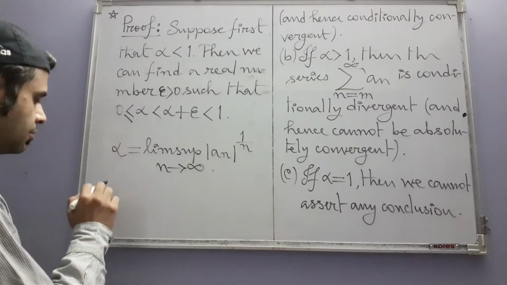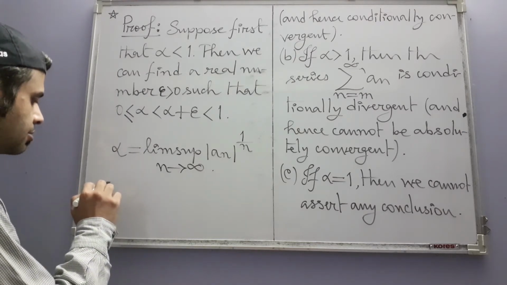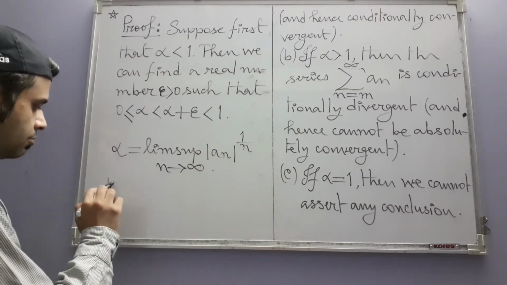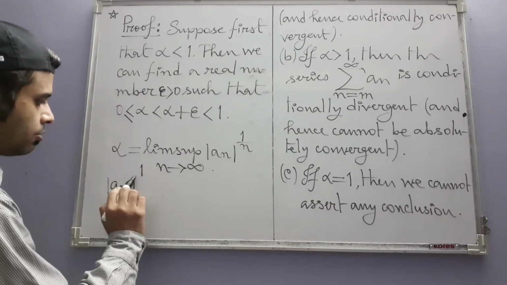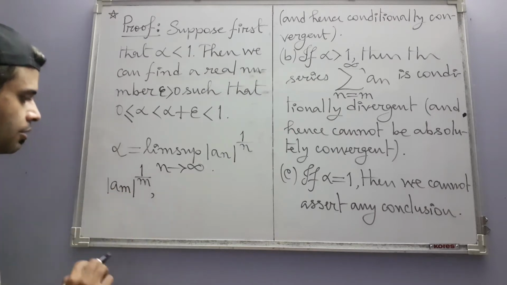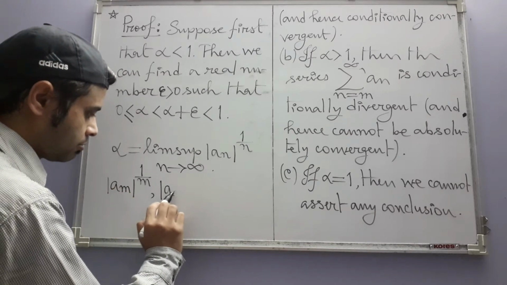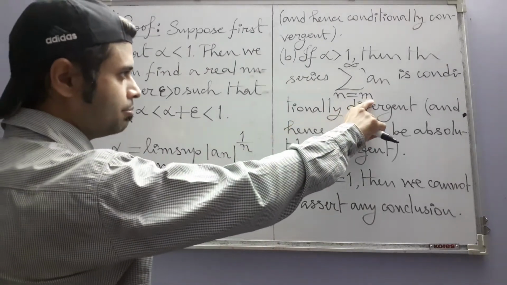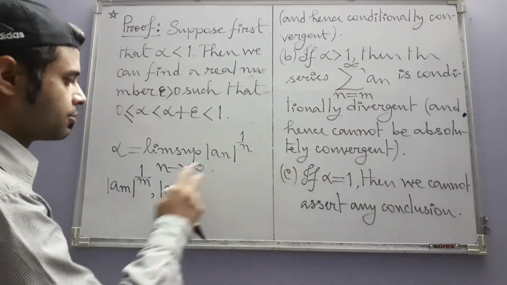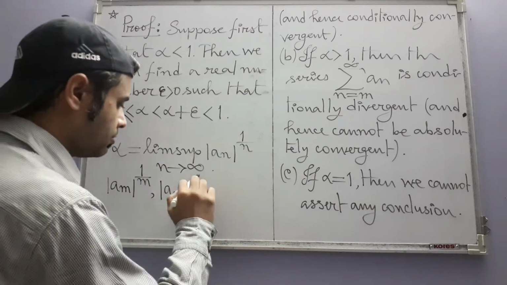That thing, if you recall, is just simply this. You look at all the terms in your sequence, starting from m. m is some integer; we don't know, and we don't need to know.